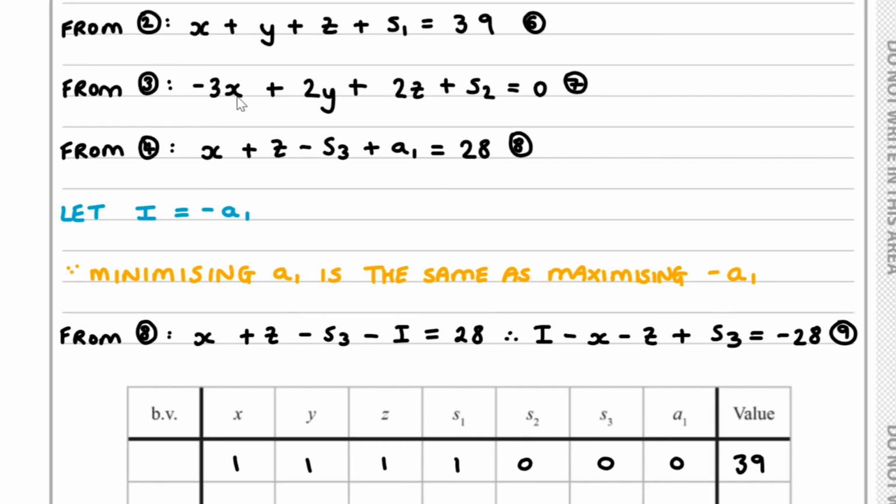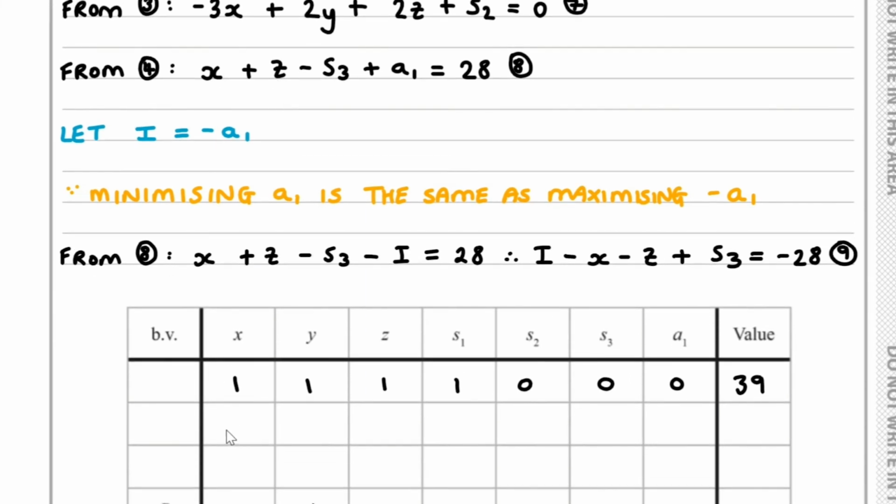Then if I take a look at equation 7, I've got minus 3x, 2y, 2z, and 1s2. This is equal to 0. So let's fill in these with zeros. And if I take a look at equation 8, I've got 1x, 1z, and minus 1s3 and 1a1.